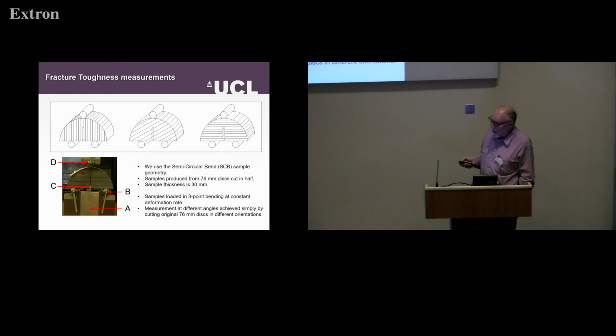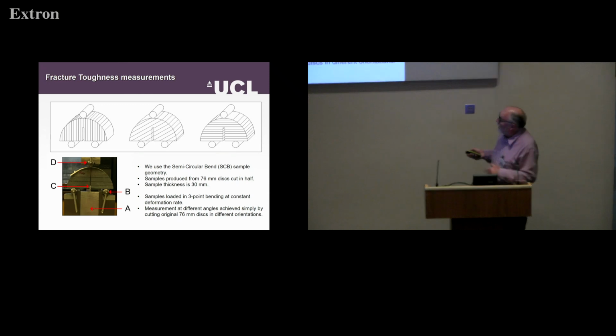So this is the setup that we've used to measure the tensile fracture toughness. There are a number of recognized, approved techniques by the International Society for Rock Mechanics for measuring fracture toughness, and this is one of them, the so-called semicircular bend sample geometry, which we make by taking a large diameter, 76 millimeter diameter core and cutting it in half.